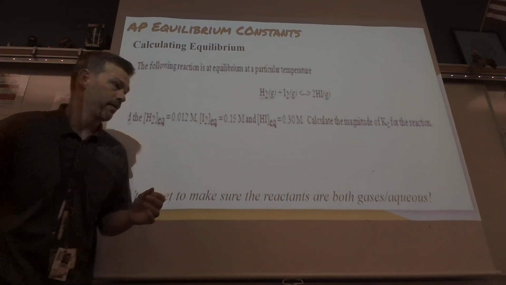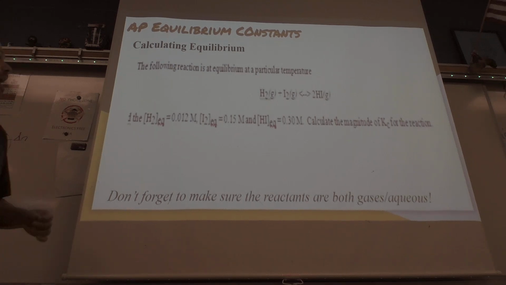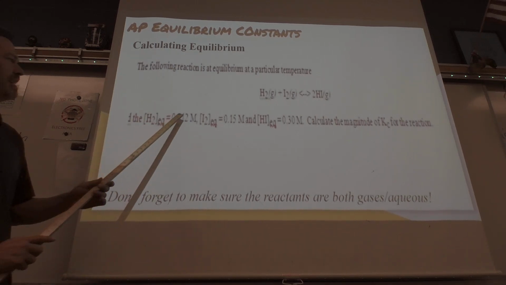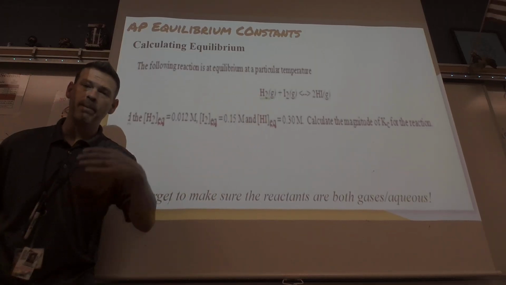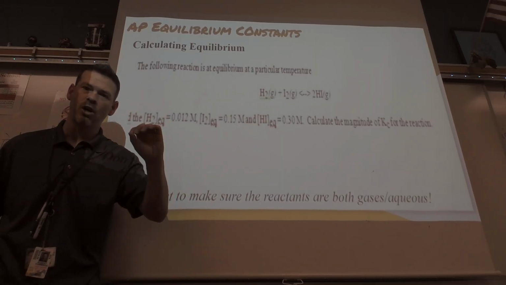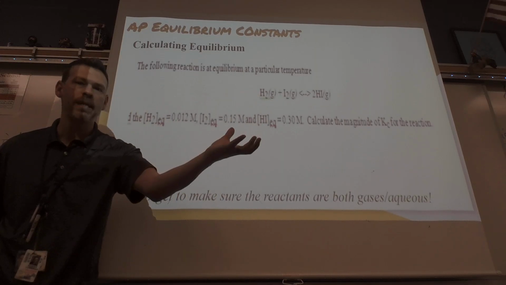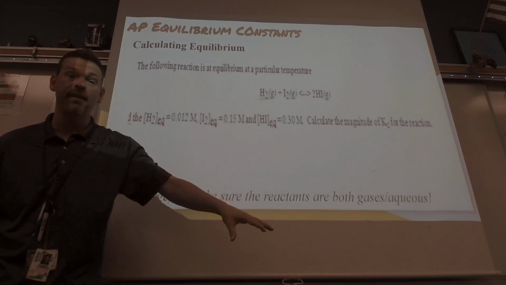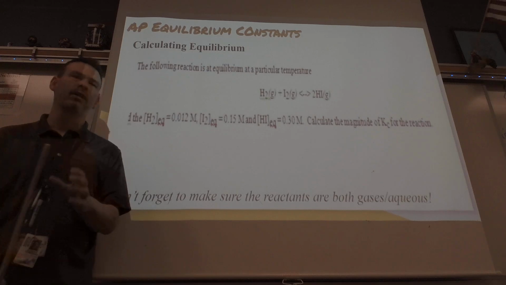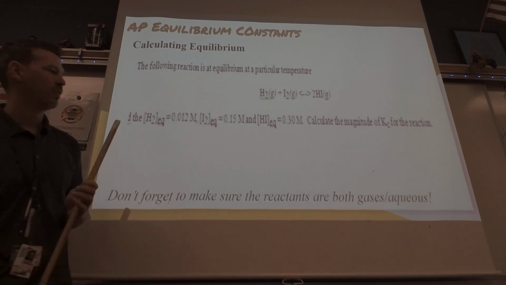So we're not going to ignore any of them. It gives me concentrations at equilibrium of each of them. That's important because the numbers we're about to input to our equation have to be at equilibrium. They can't be like at the beginning. They have to be the numbers at the end. And then we'll plug them in as I'm about to show you. It gives me those values and it wants Kc.